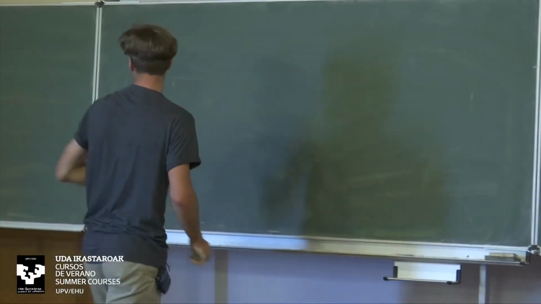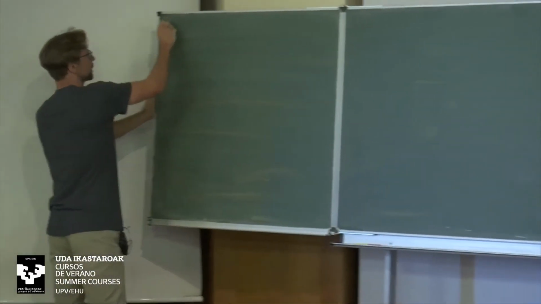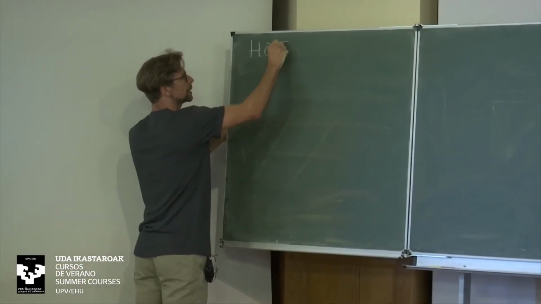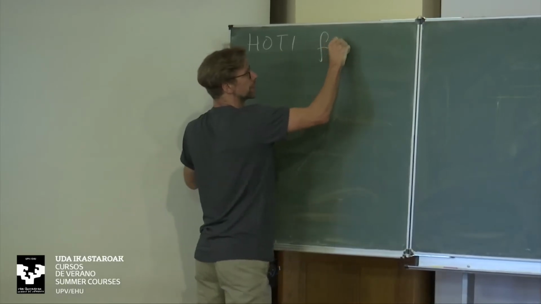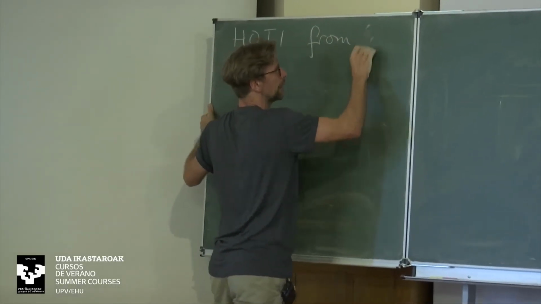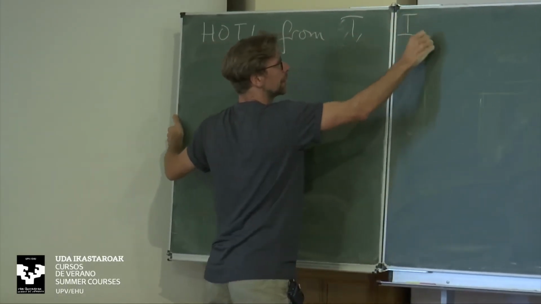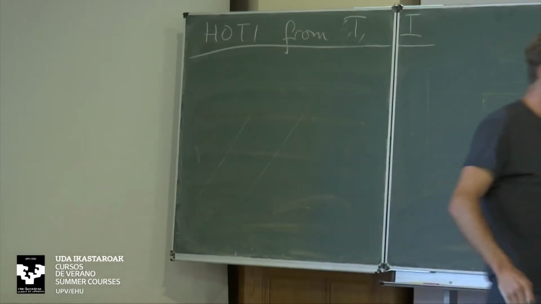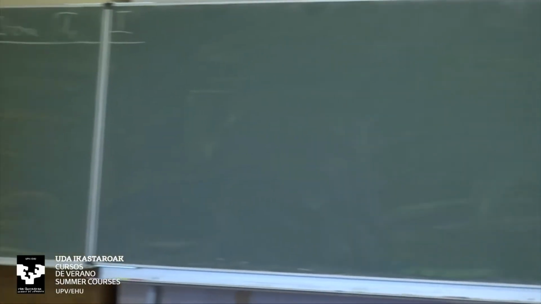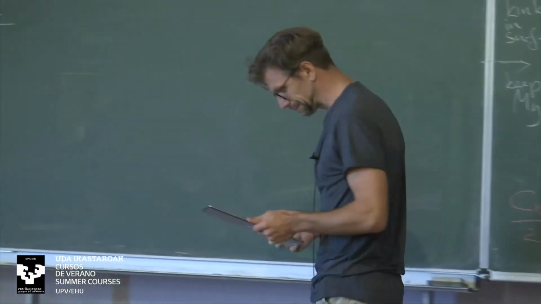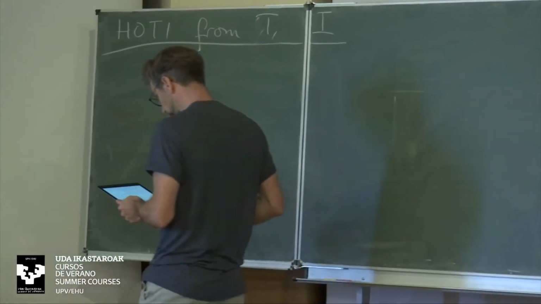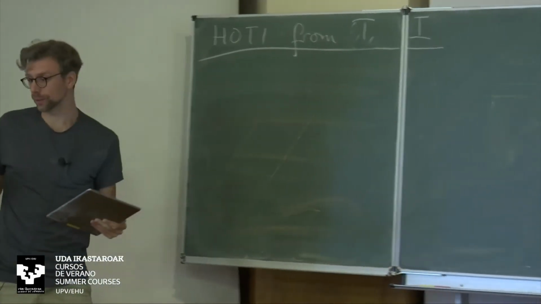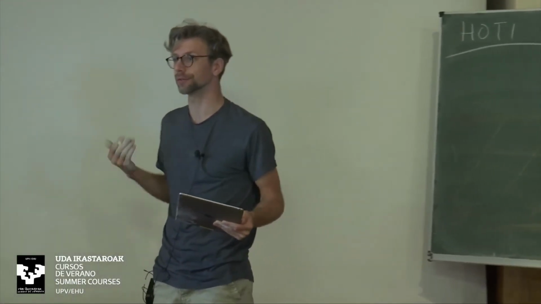Okay. So now, the second example is a higher order TI from time reversal and inversion. And here I am connecting to what I said about the C2 topological insulator, where I said that if we have inversion symmetry, we have to count the number of band inversions that we have.